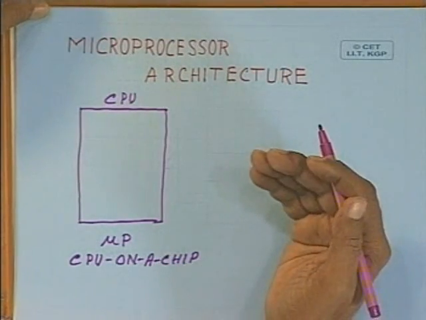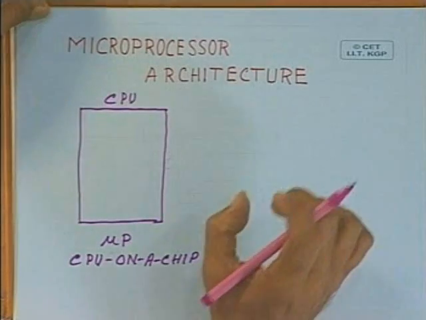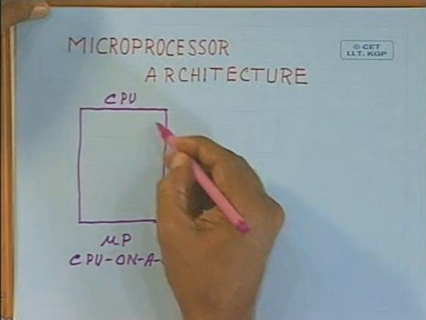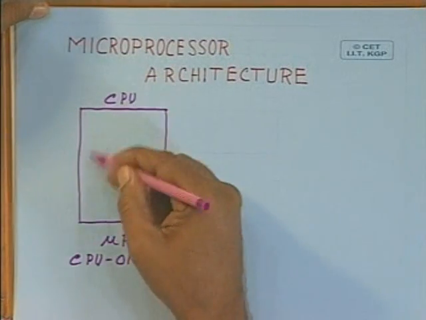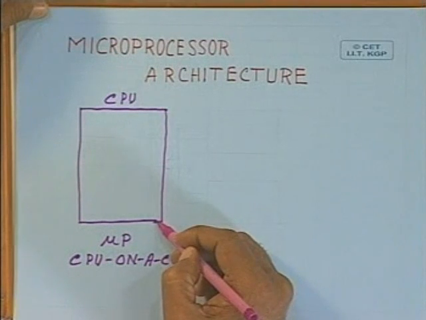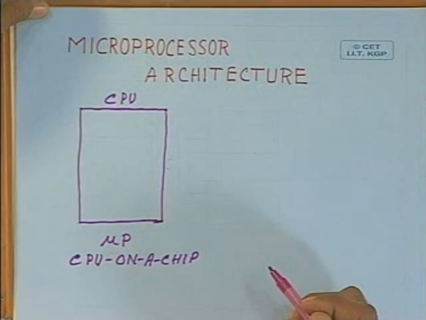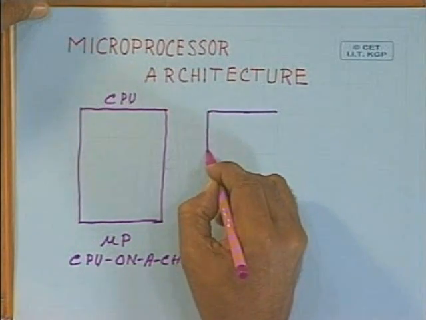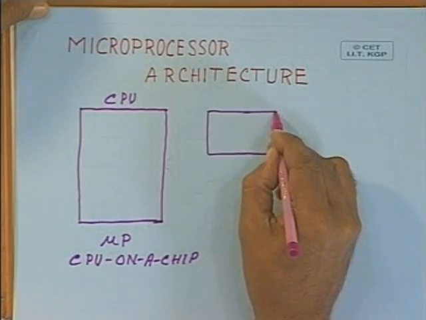All the functionalities of a central processing unit are realized or implemented inside this integrated circuit, and this we call a microprocessor.